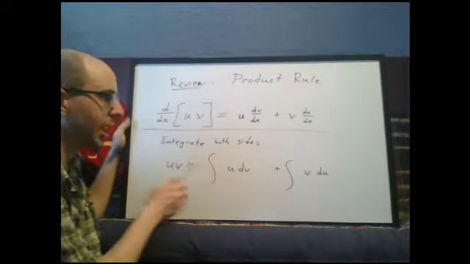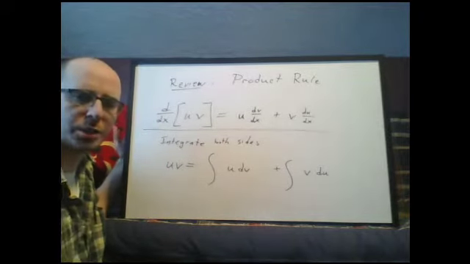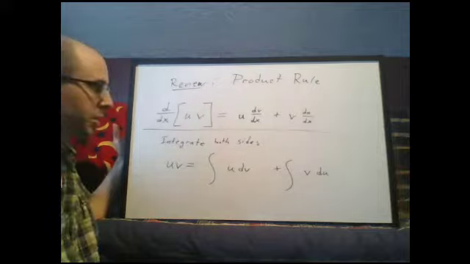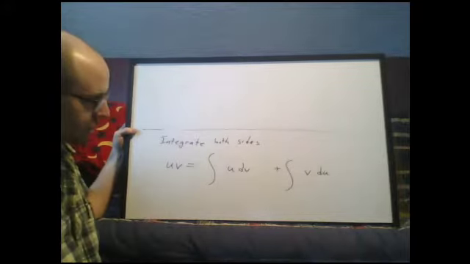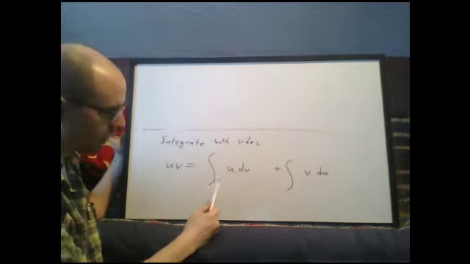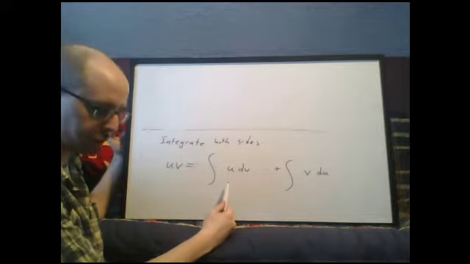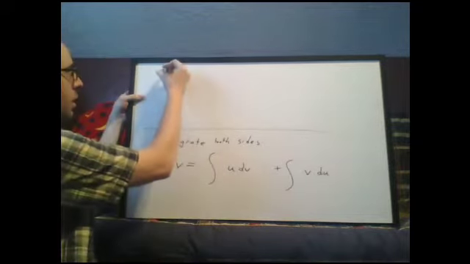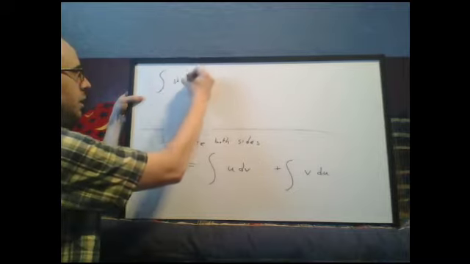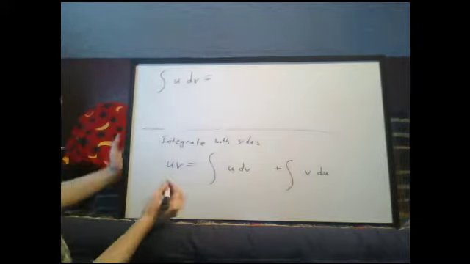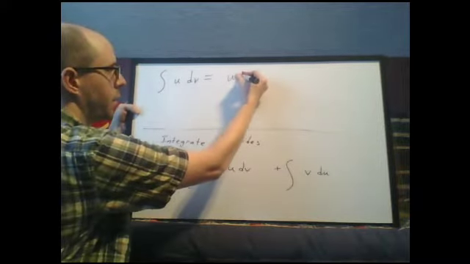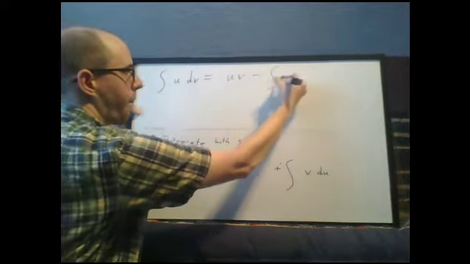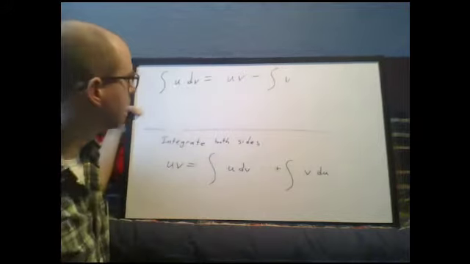Okay, so I get this equation, but I want to turn it into a formula that helps me to actually integrate. So what I'm going to do is solve this equation for the integral of u dv. The integral of u dv will equal uv minus this integral, v du.